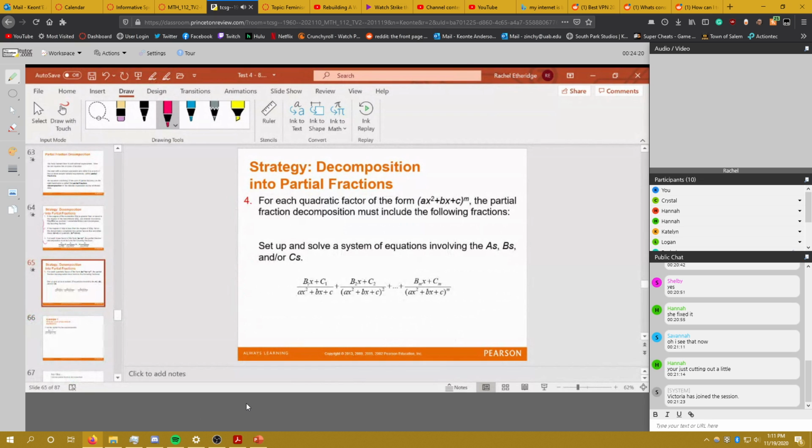So we're not going to do these in this class. We're just teaching you how to do the decomposition, and then in linear algebra or Cal 2 or another higher level math course, this would be taught in more detail. But they would want you to know the basic procedure for getting a breakdown of the partial fractions.